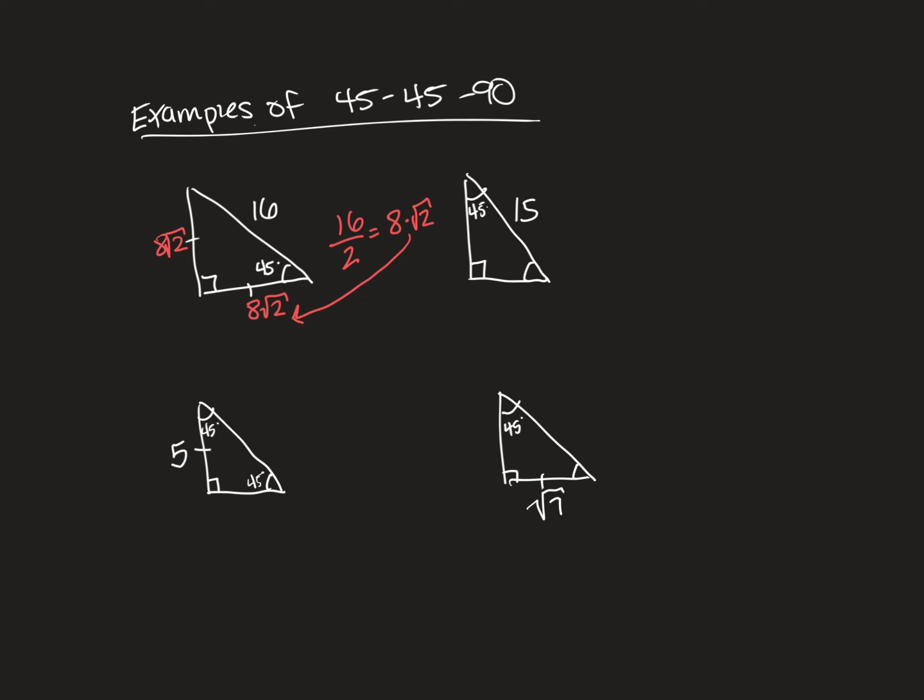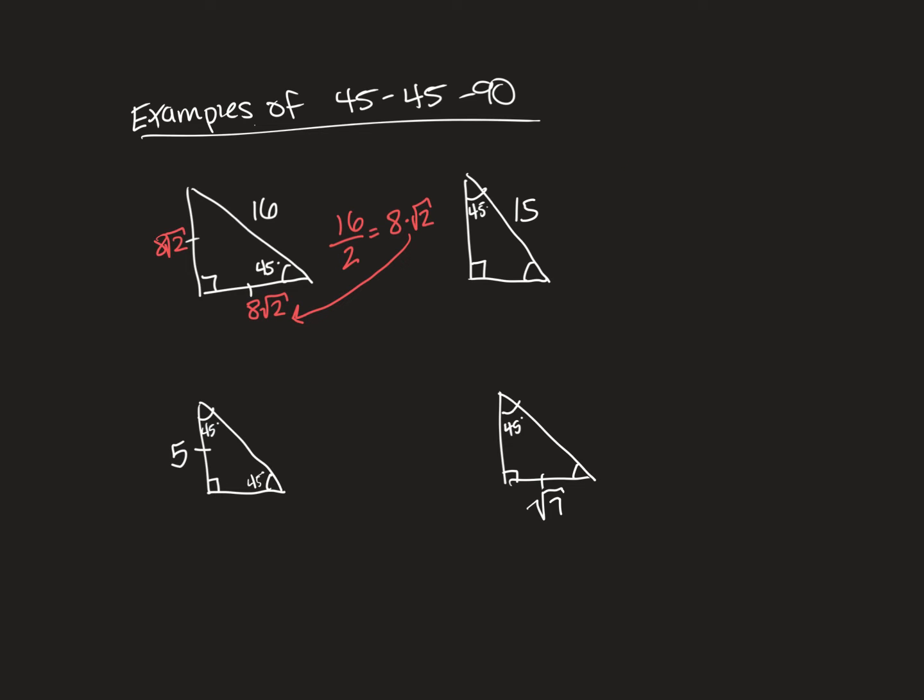You can also do this a different way. So when you have 15, for instance, if you divide 15 by 2, you get 7.5. And in mathematics, we do not have decimals in front of radicals. So you can't just divide by 2 here and then get 7.5 and then do 7.5 square root of 2. That's not correct. So we have to approach this differently.